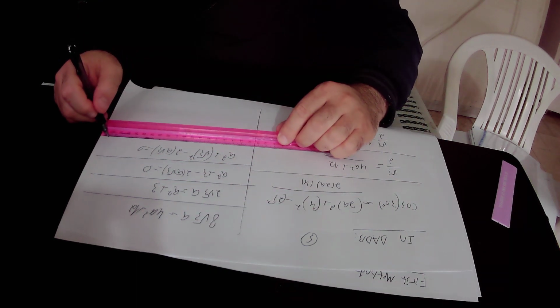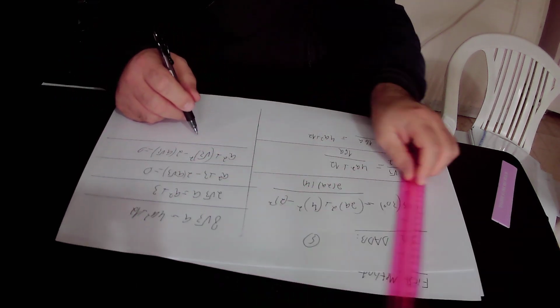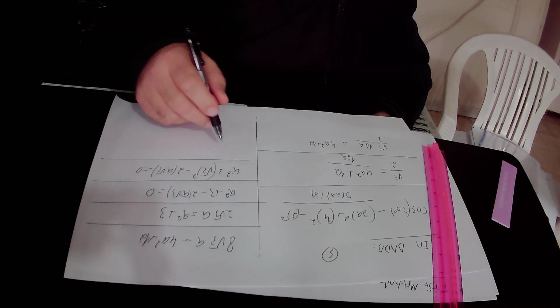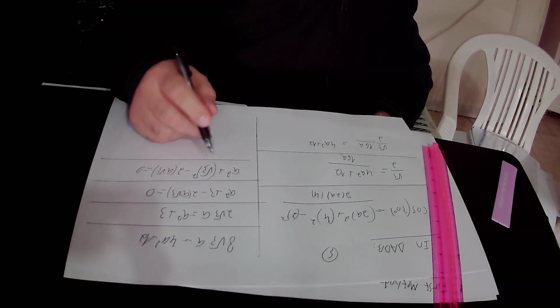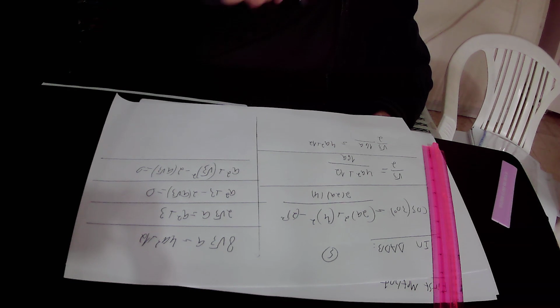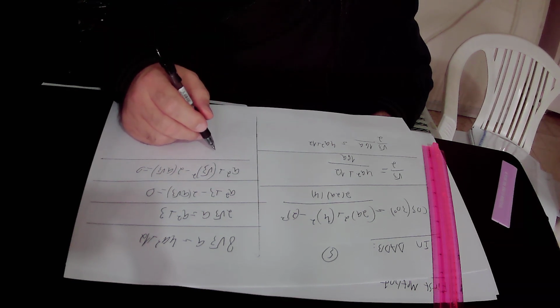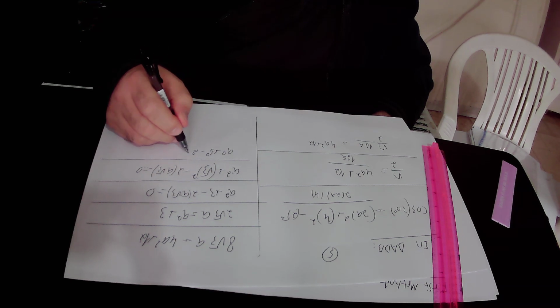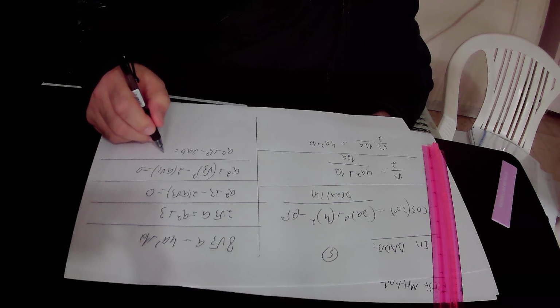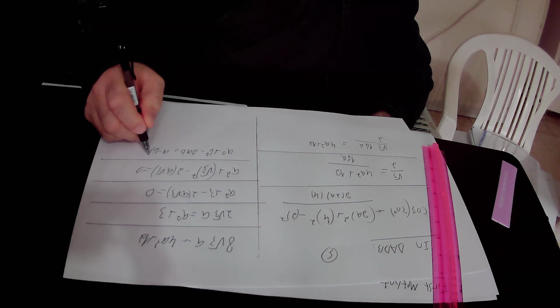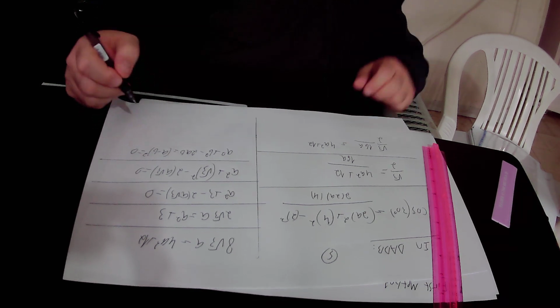As you can see, this equation is very similar to the algebraic identity that states that a squared plus b squared minus 2 times ab equals (a minus b) squared.